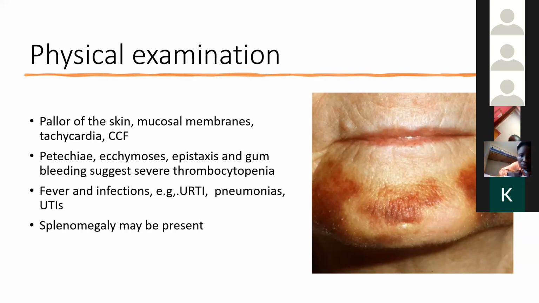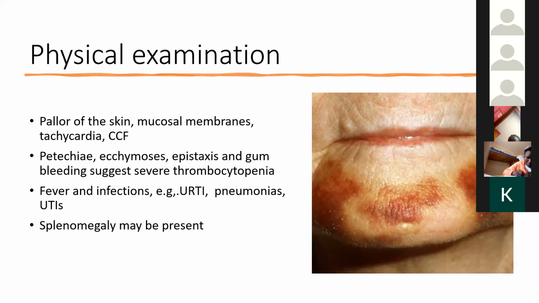And there may be gum bleeding as well. So easy bruising is a common feature, especially where you have the platelets affected. There's the pallor, which goes with the anemia, and the other clinical features of congestive cardiac failure. There may be tachycardia, fevers, and then the other infections may be found.